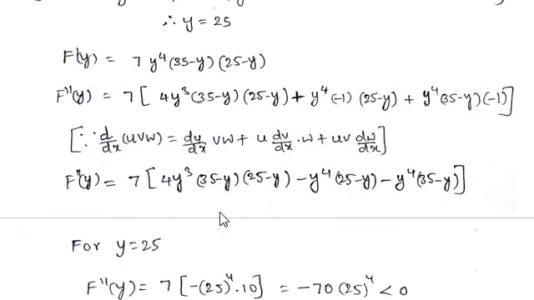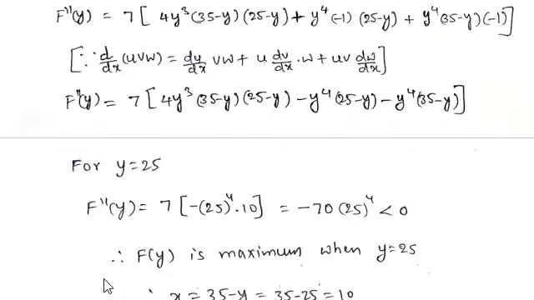So when you substitute 25 here, the first term is 0, because 25 minus y means 25 minus 25, so this total is 0. The second term is also 0. Only the third term remains, minus 25 to the power of 4, and 35 minus 25 is 10.